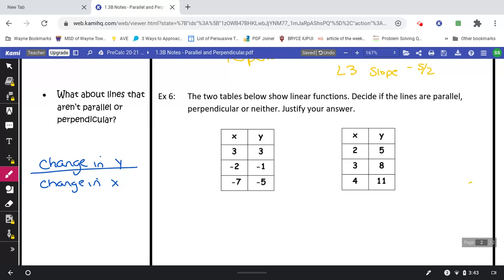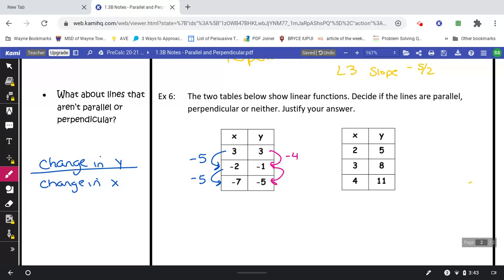So let's look at the change in the y's and the change in the x's on each of these tables. When we go from 3 to -2, this is kind of similar to what we do in the flow chart. That change is -5. From -2 to -7, the change is also -5. For the y's, from 3 to -1 is subtract 4.